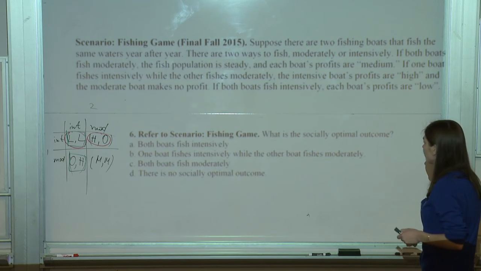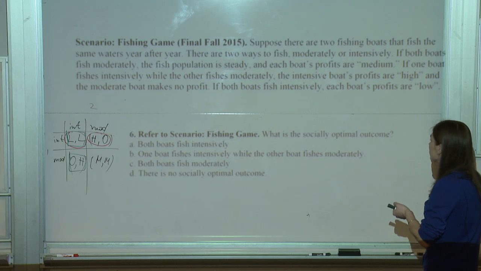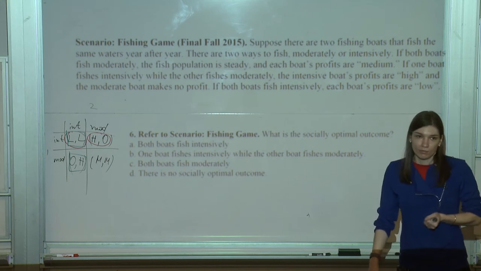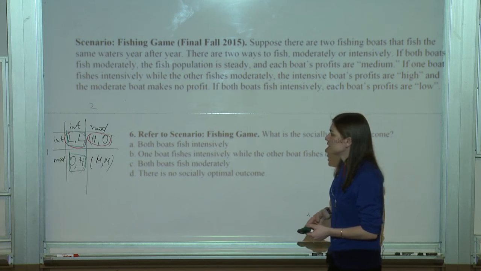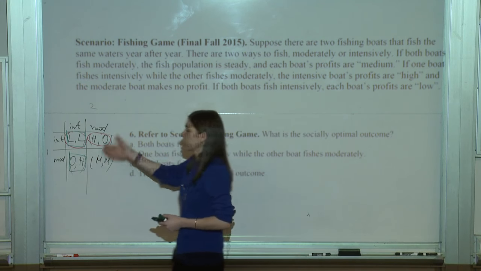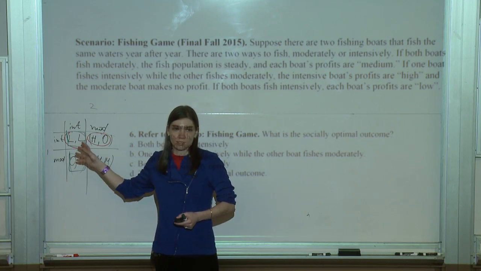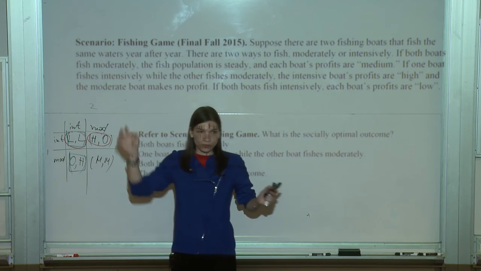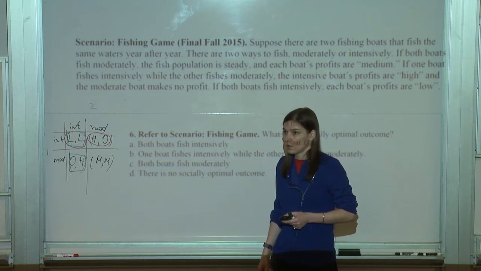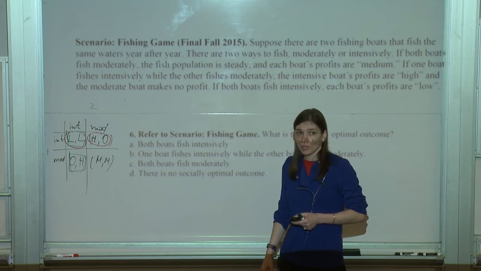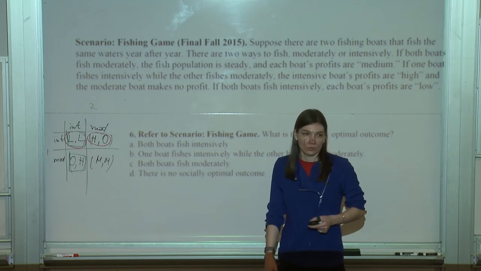All right, same scenario. What is the socially optimal outcome? All right, so if they didn't consider this as separate profit maximizing entities, but if there's an entity that cares about social welfare, what would they force those boats to do?